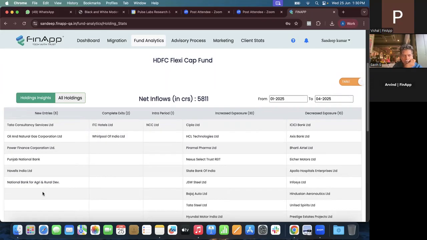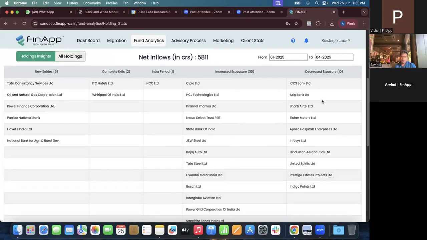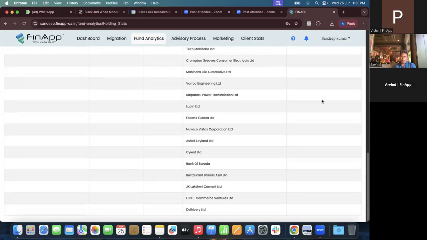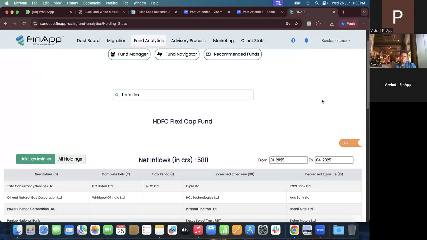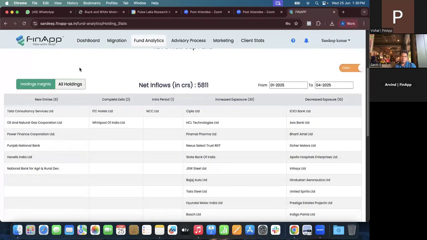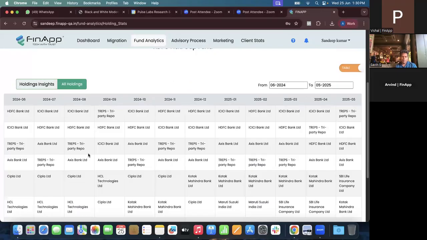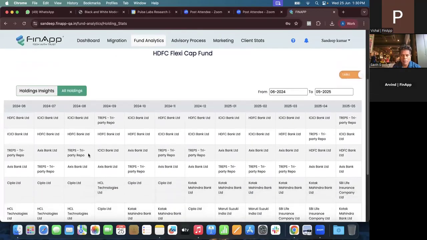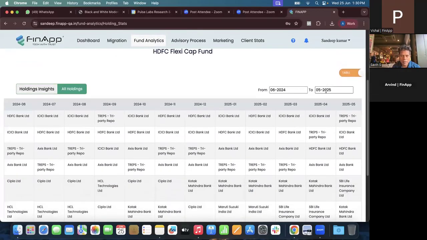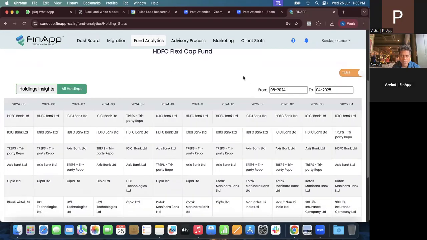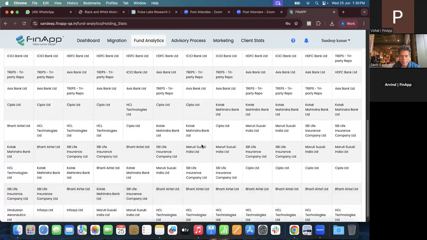What are the 6 stocks? These are the 6 stocks which were purchased or fresh into the portfolio during this period. Complete exits, intra period, increased exposure in 30 stocks, decreased exposure in 30 stocks. So you have a whole difference of what is happening in the portfolio as well. And over a period of time, how the top 10 holdings have changed in this particular scheme.